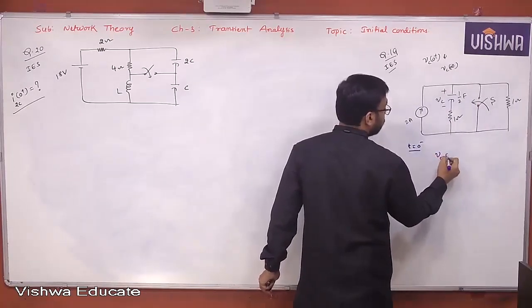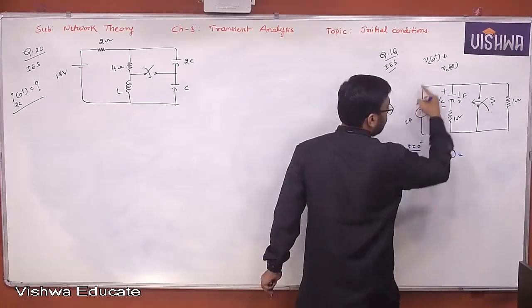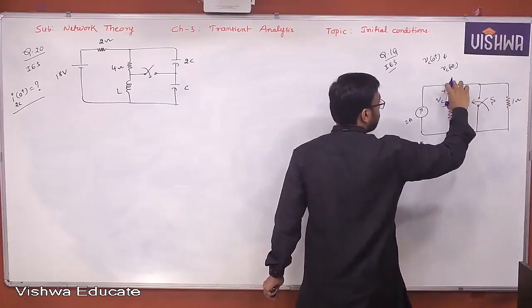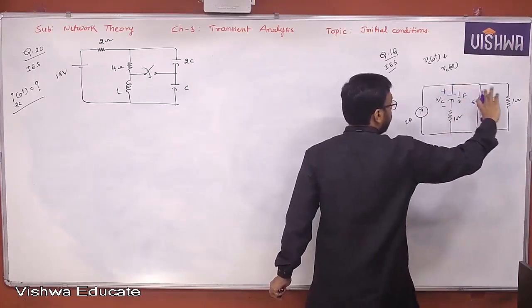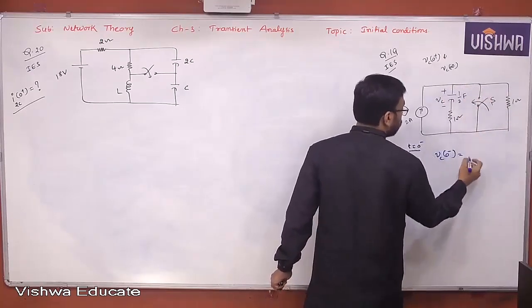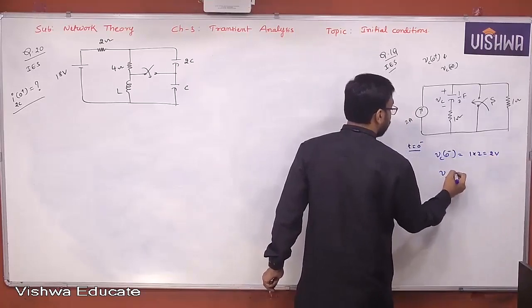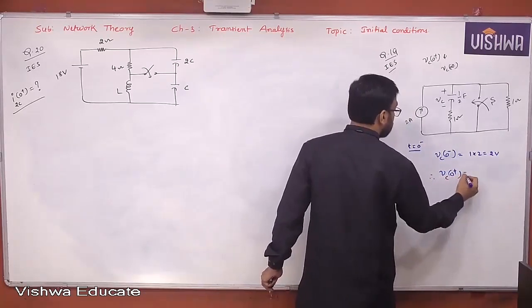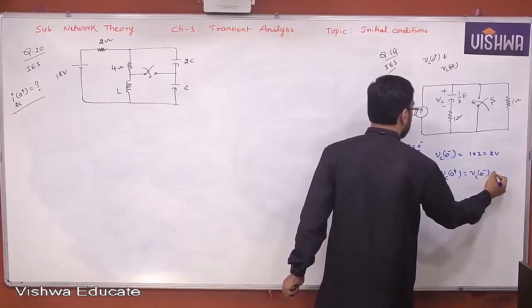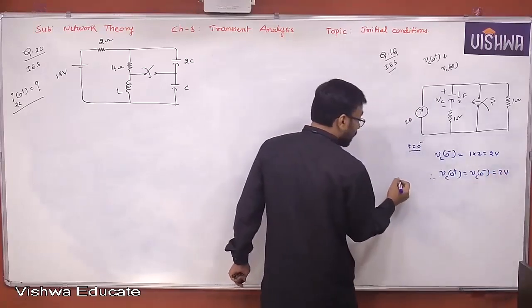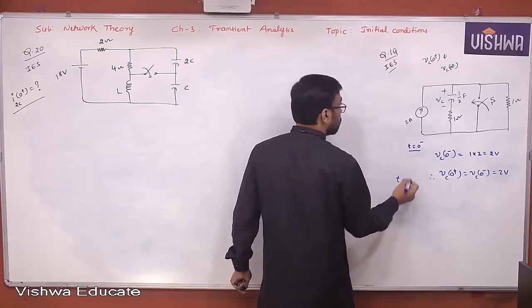Therefore, VC of 0 minus, the voltage across these two points, is nothing but the voltage across the resistor, since the switch is open. So 1 into 2, this is 2 volts. So VC of 0 plus, therefore, is nothing but VC of 0 minus, that is 2 volts. But he's also asking for T equal to infinity conditions.